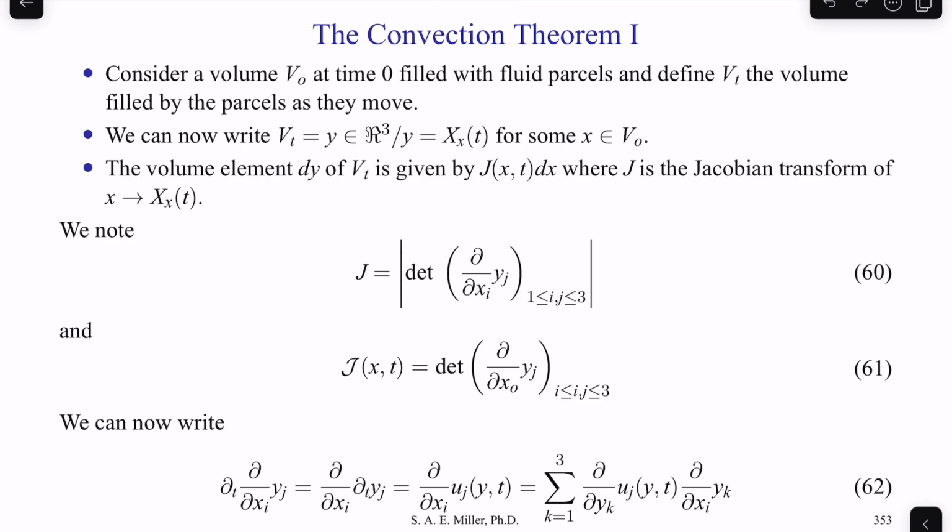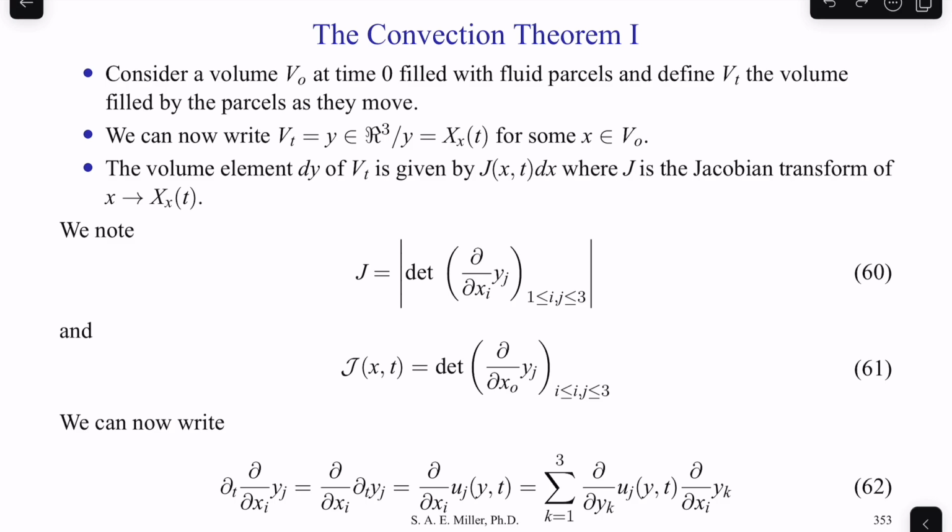So we'll note that J is the determinant of partial x_i of y_j for 3 dimensions. And script J will just be the determinant, not the absolute value of the determinant, of partial x of y_j.